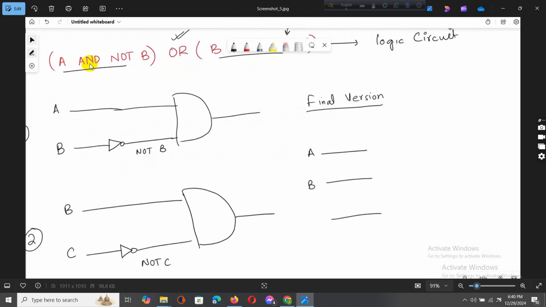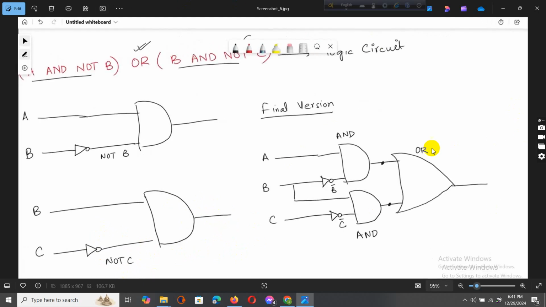For the first expression, A goes directly to the AND logic gate, and not B means B goes through the inverter and then to the AND gate. Then B goes directly to the second AND logic gate, and C goes through the inverter, then to the AND logic gate.